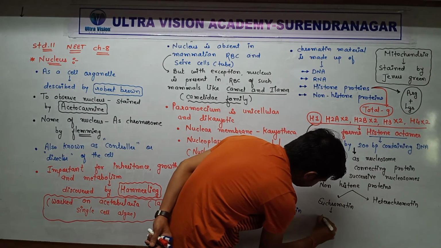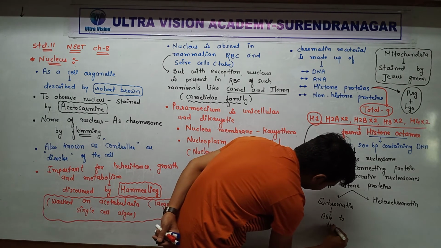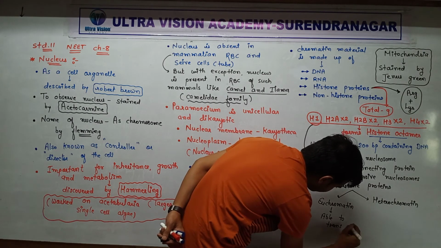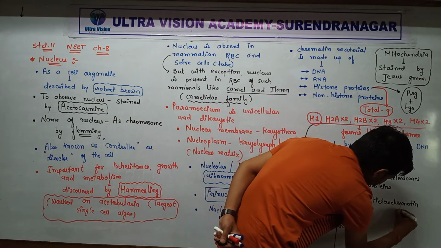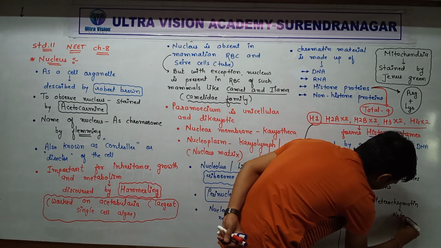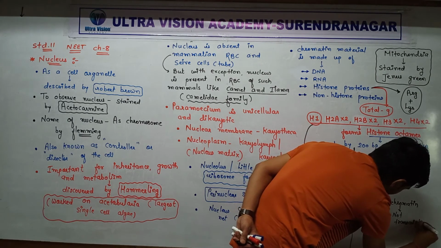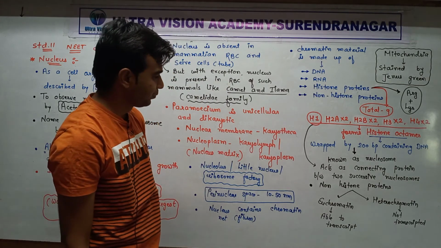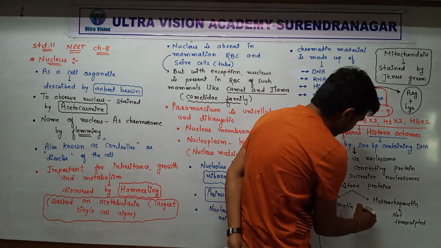Euchromatin is able to transcript, while heterochromatin is not transcripted. You know that transcription means DNA is converted into mRNA.